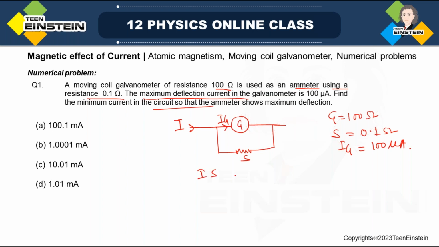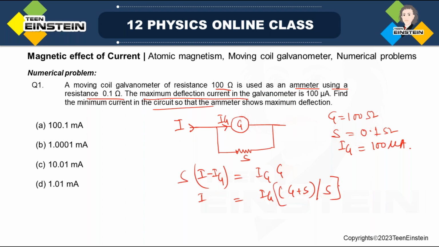I minus Ig into S is equal to Ig into G. So I into S is Ig into G plus S. I have to find out I, right? So we have to divide this with S.